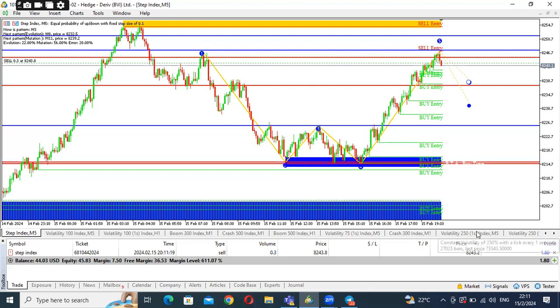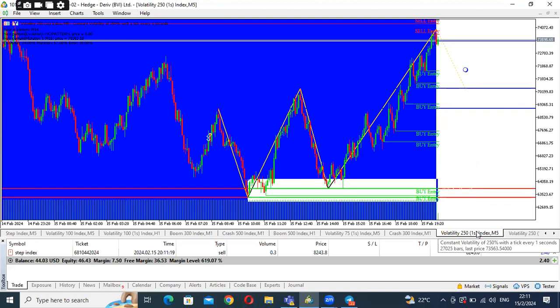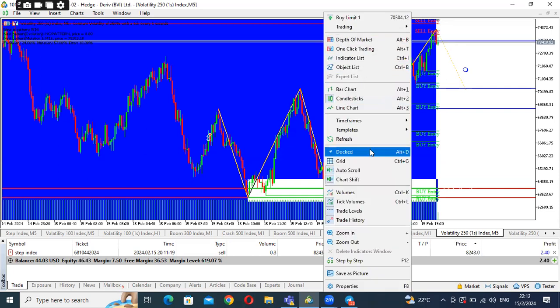So let me check other trades. Is there an entry on V250? V250 is also giving us an entry. The sell entry. So let me confirm with M1. I want to show you something.